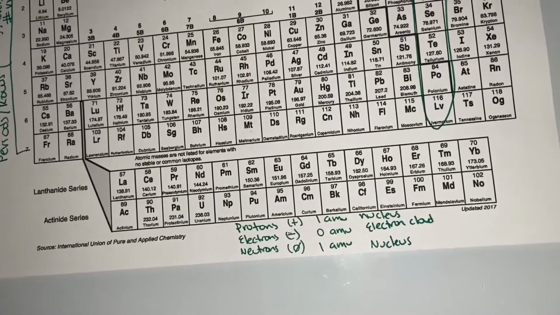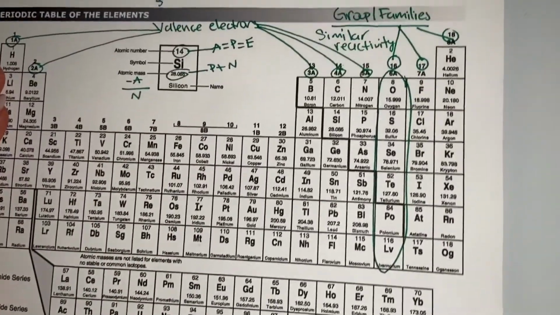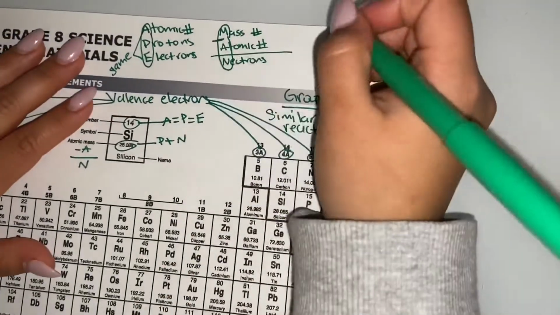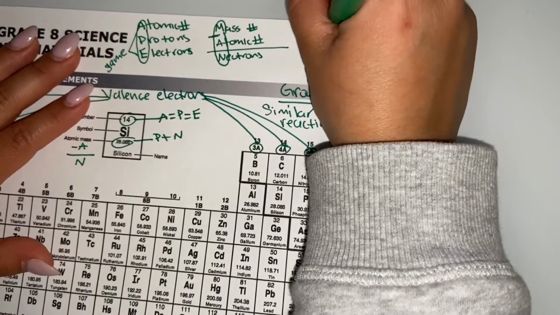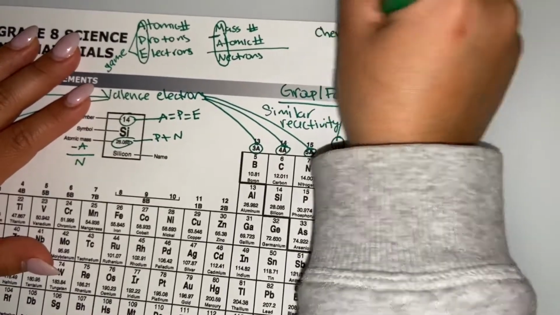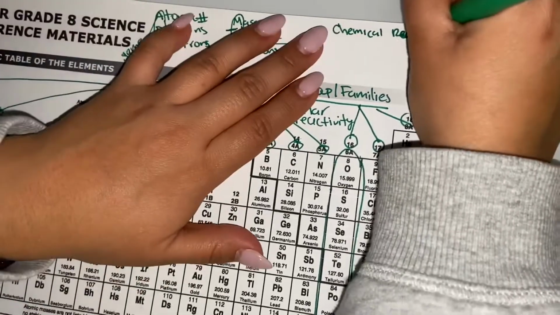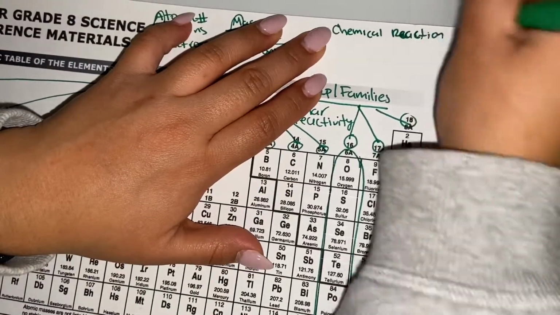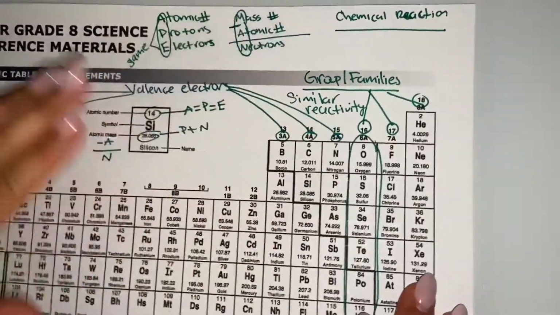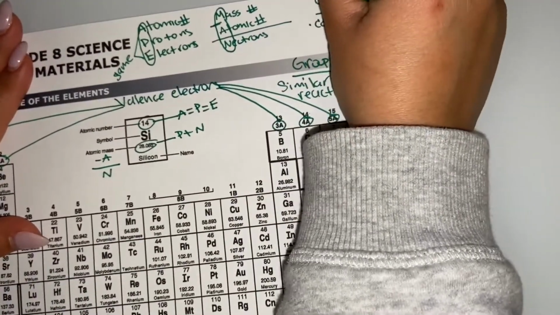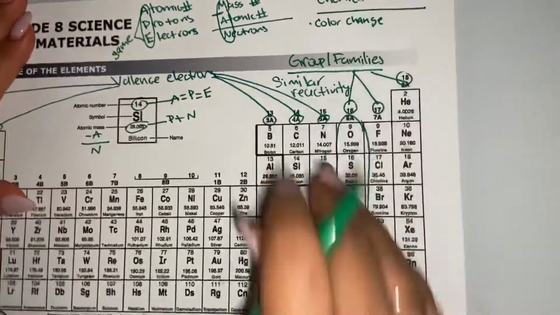Now, we know that all of these elements are going to react in a specific way when you combine them. So you have a chemical reaction. Your chemical reaction is going to have specific signs that tell you that it's a chemical reaction. Some of those signs are a sudden color change. So you can have a color change.